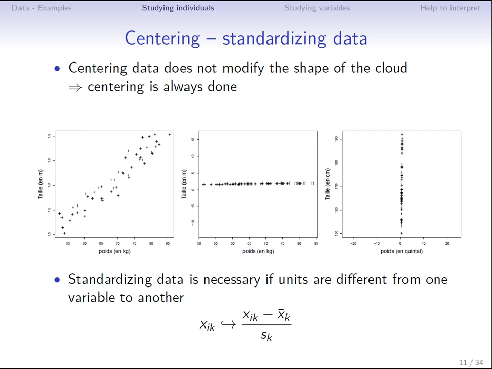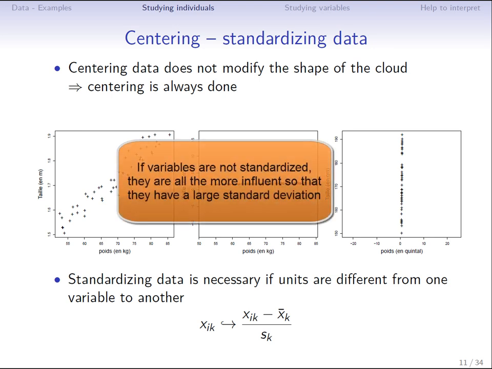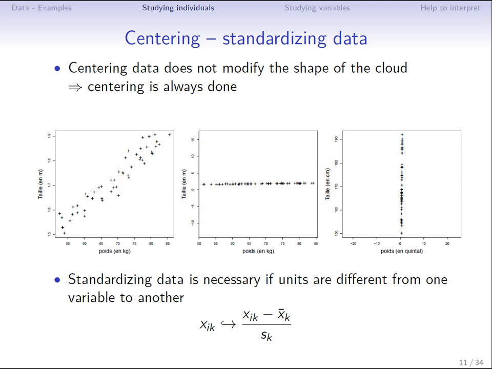We will see that the reduction allows us to give the same importance to each variable. Without reduction, variables are all the more influential as they have a large variance. So it can be discussed whether it is necessary to standardize or not in this case. In the example of this course, we will reduce the dataset.